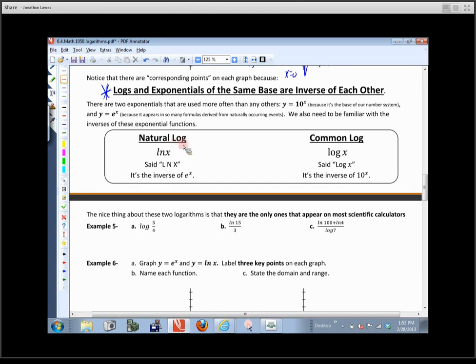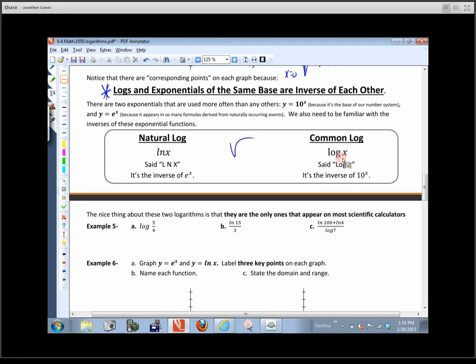So this one is called the natural log. It's indicated like this, ln x, and that's actually how we say it. We just say ln x, and it means the natural log of x, and it's the inverse of exponential base e. Okay? If we just write log x, you'll notice that there's no base here. It's kind of like when I write the square root symbol, I don't have to write a 2 there for you to know that it's the square root.